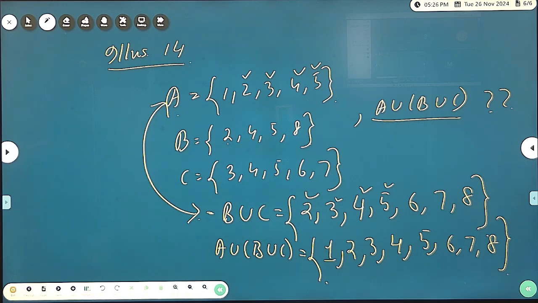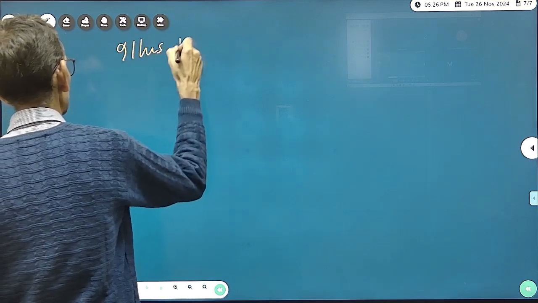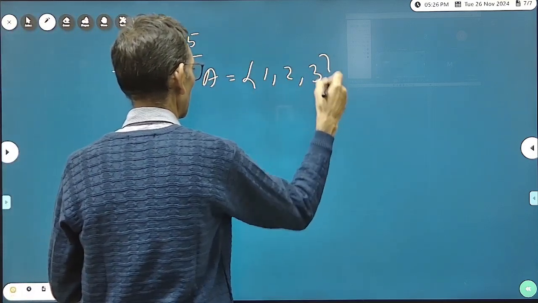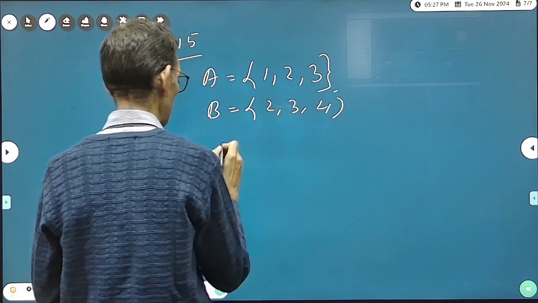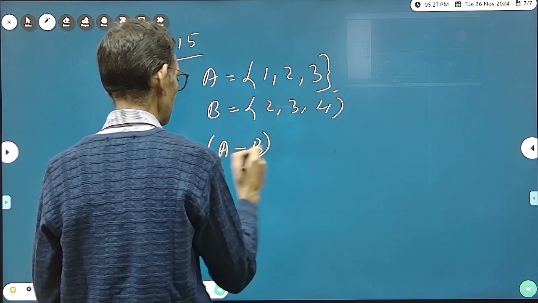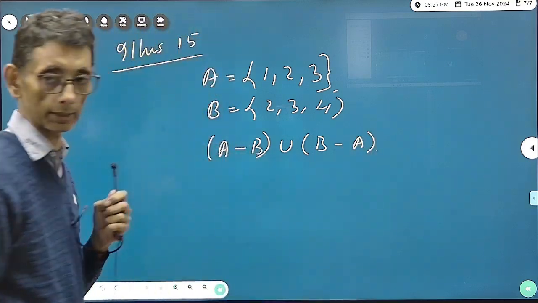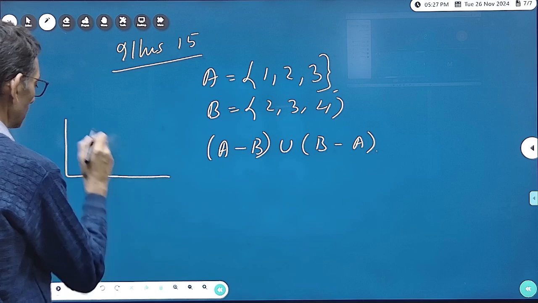Find A minus B union B minus A. There is an interesting property here, and it even has a name. Before that, you will see this in a Venn diagram.